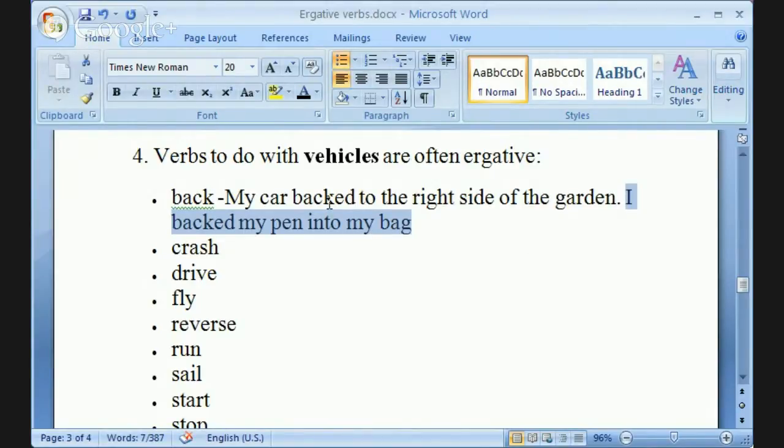But looking at your first sentence, I backed my car to the right side of the garden. I backed my car. Simple as that. Subject, verb, object. And then we turn it around: my car backed.